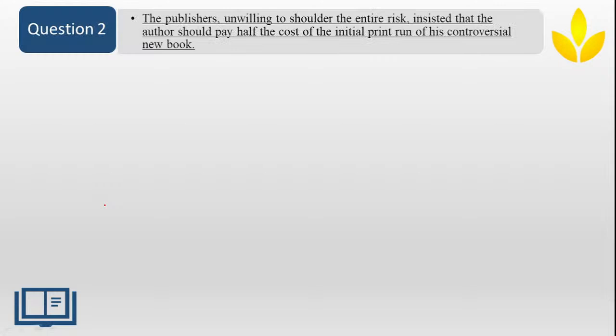The publishers, for example, in this sentence you can see comma is used as a separator. "The publishers, unwilling to shoulder the entire risk, insisted that the author should pay half the cost of the initial print run of his controversial new book." So here we are going to talk about the person, that is the publisher, that is the subject here.